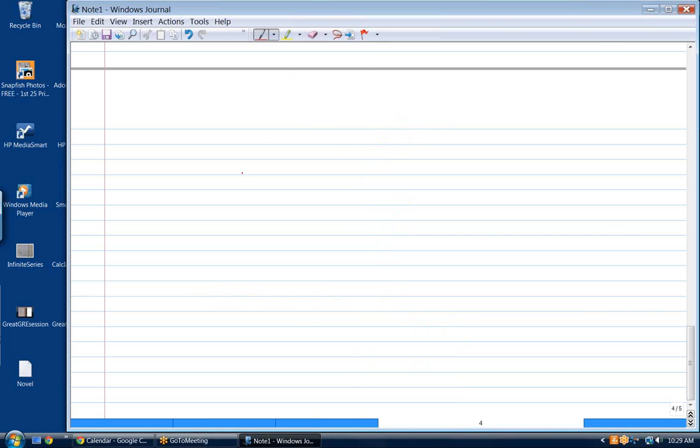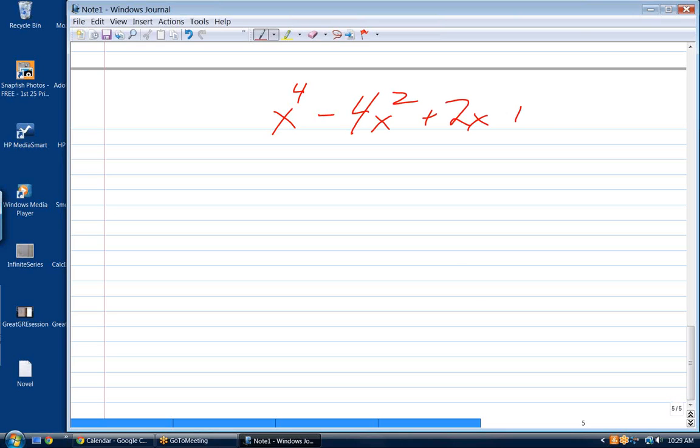Alright, so the next one. Use synthetic division to find the quotient and remainder when x to the 4 minus 4x squared plus 2x plus 5 is divided by x minus 2.